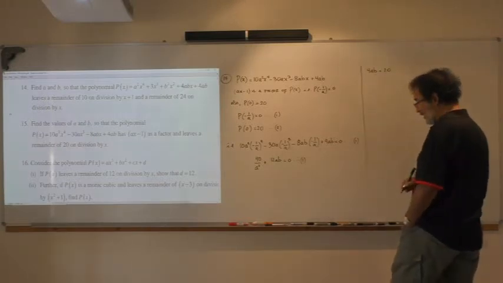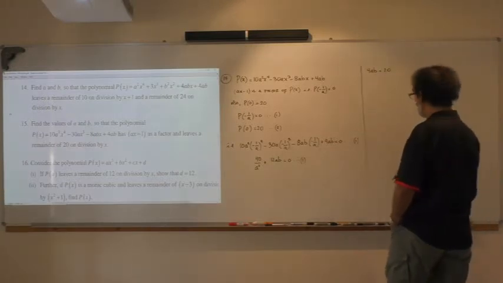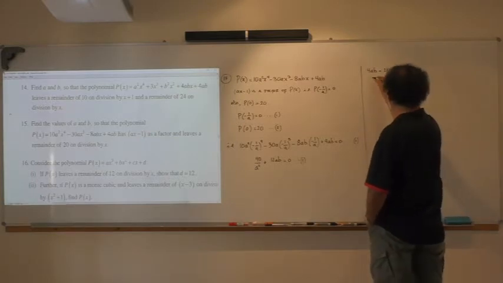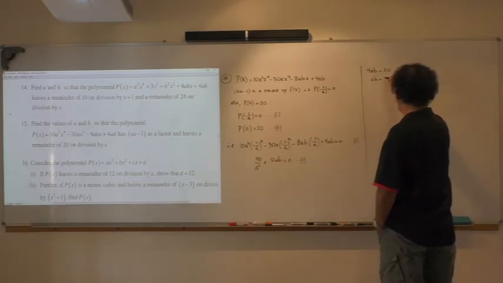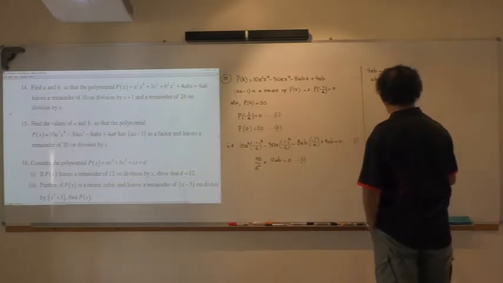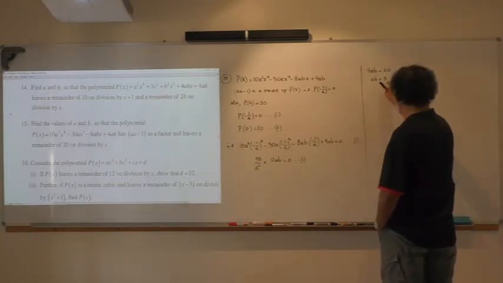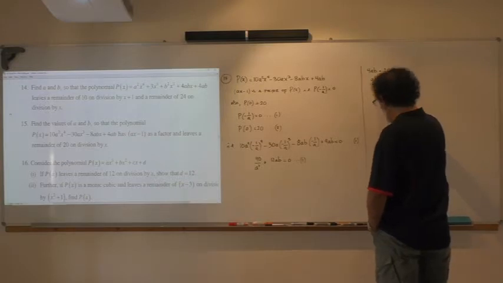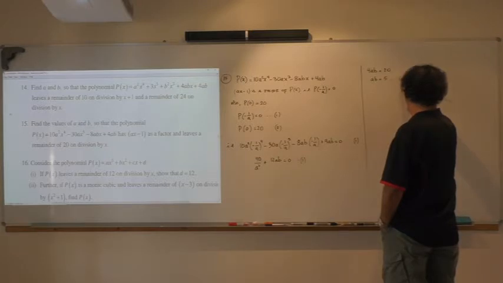From there, ab is equal to 20 divided by 4, which is, no, what am I saying, 5. So we know that ab is equal to 5, and that is my equation 2.